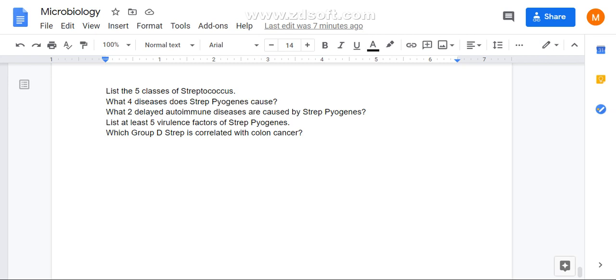The capsule? Does it have a capsule? No, it doesn't have a capsule. That's okay, so I got M protein. The Lancefield group.